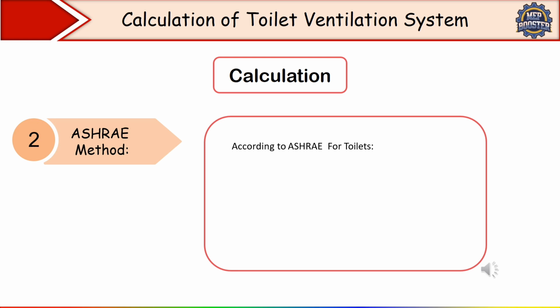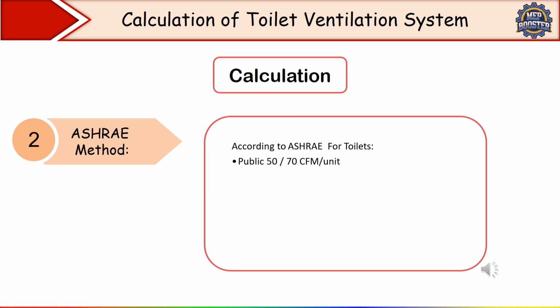Suppose you are designing for a public toilet. It says that for a public toilet we have to extract 50 to 70 cfm per unit. That means from each toilet, how much air do we have to exhaust? 50 to 70 cfm.